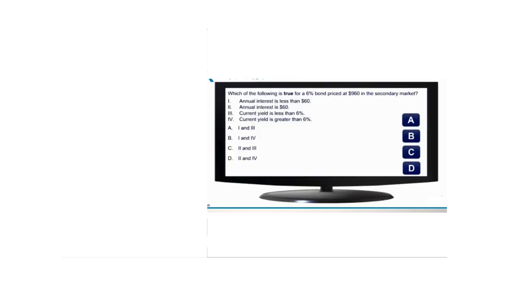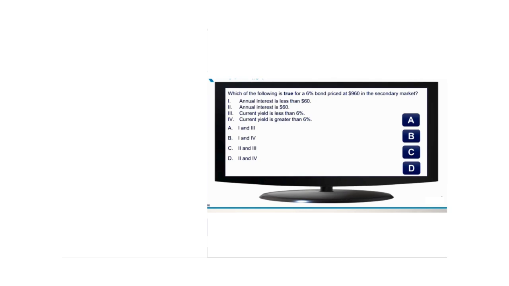So the first question up here on your screen, which of the following is true for a 6% bond priced at $960 in the secondary market? 1, annual interest is less than $60. 2, annual interest is $60. 3, current yield is less than 6%.